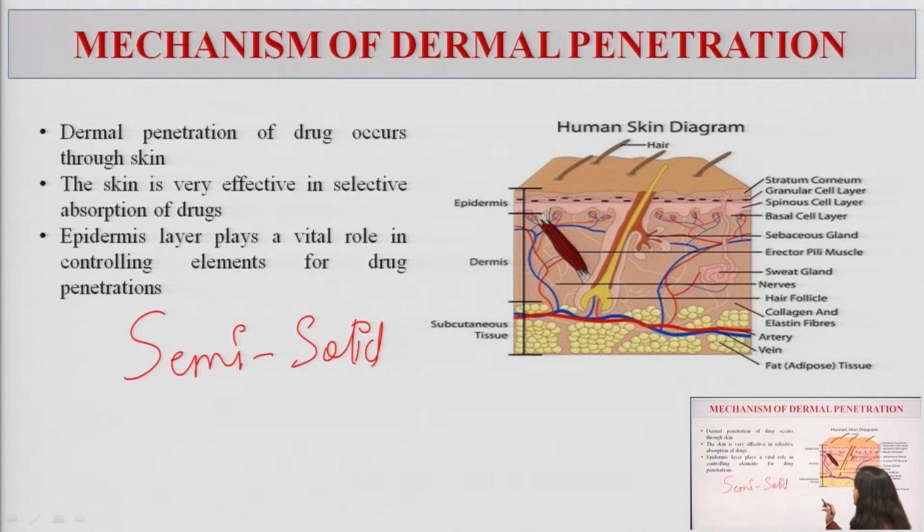First of all, we have a diagram of skin. We are supposed to understand how through these different parameters our drug penetrates the various parts here. Before understanding anything, let us understand this diagram. The skin diagram shows the topical surface, which is exposed outside.